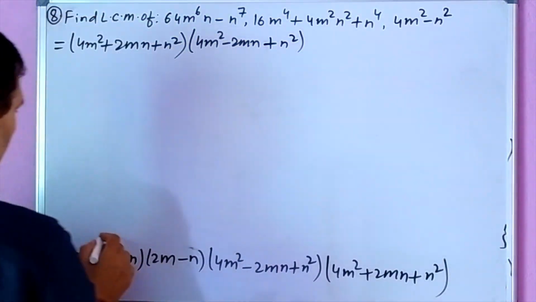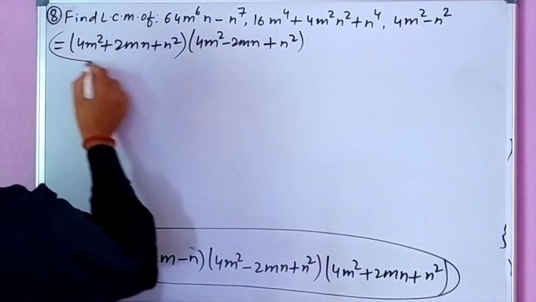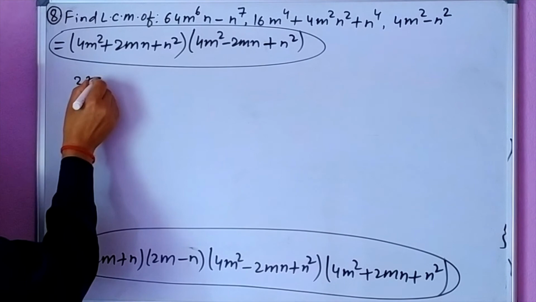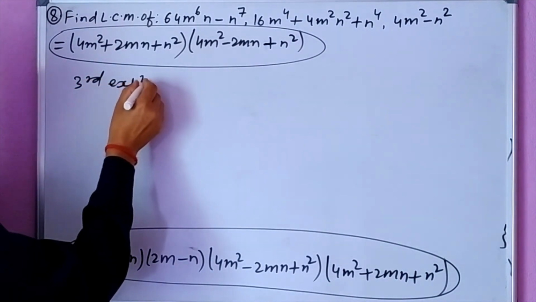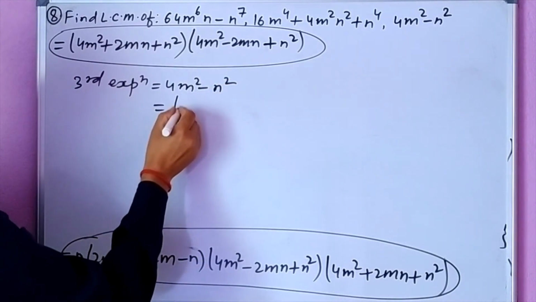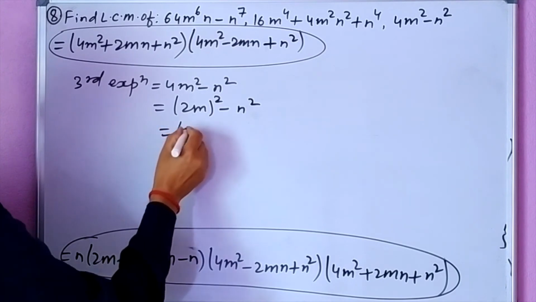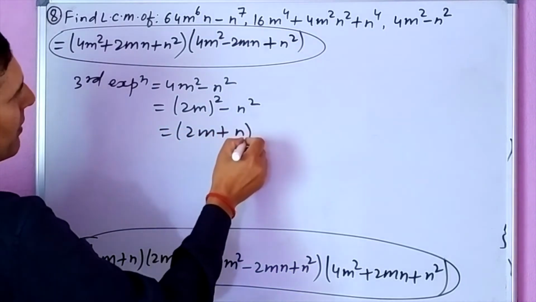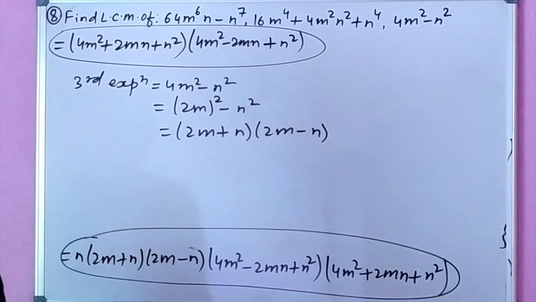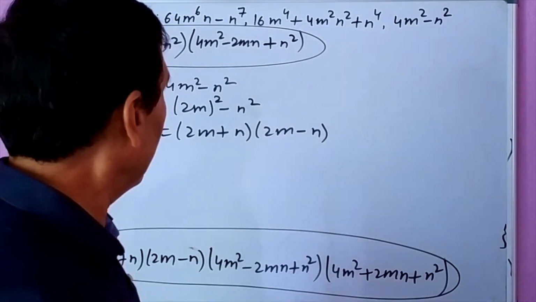These are the factors of the first expression. These are the factors of the second expression, and we have the third expression, 4m square minus n square. It is very easy. a square minus b square form. So it is 2m plus n, 2m minus n. So we completed the factorization of all three expressions here.